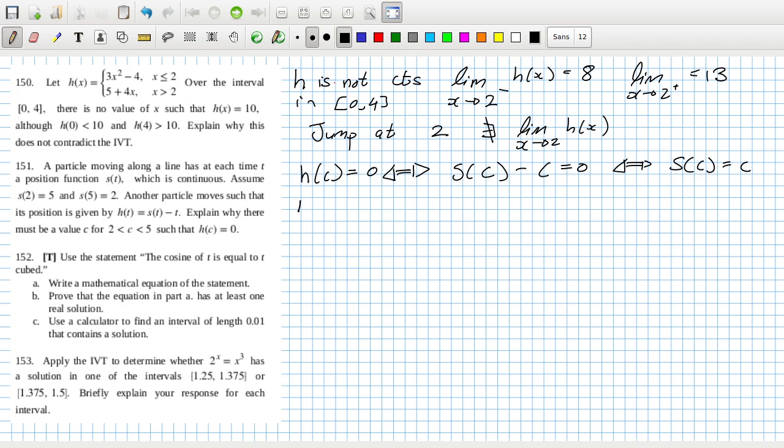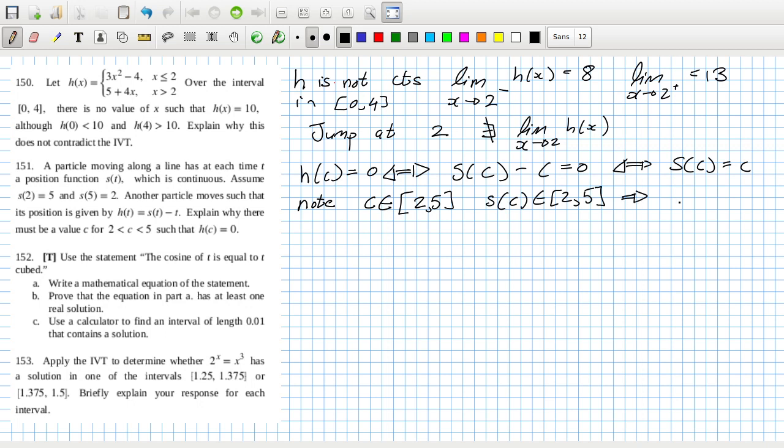Now, note c must belong to 2 to 5, and s of c also belongs to 2 to 5.